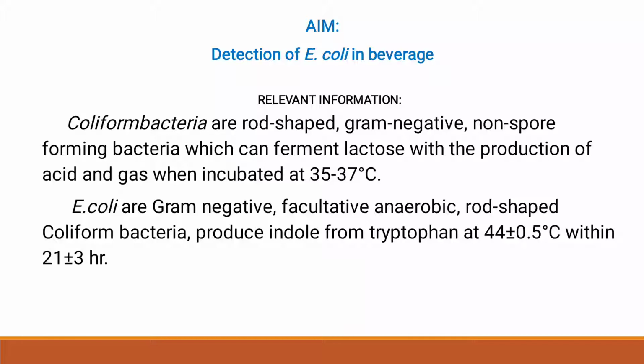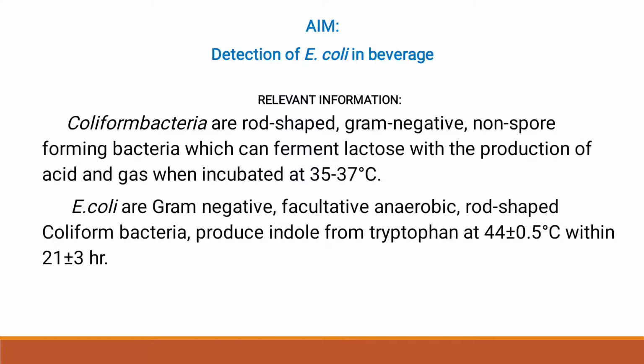Especially one bad strain, that is O157:H7, is very dangerous and causes abdominal cramps, vomiting, and also bloody diarrhea. That is why we have to detect this E. coli in the beverage sample.